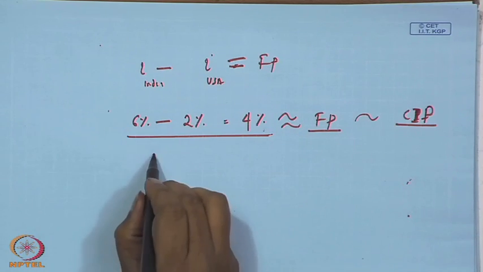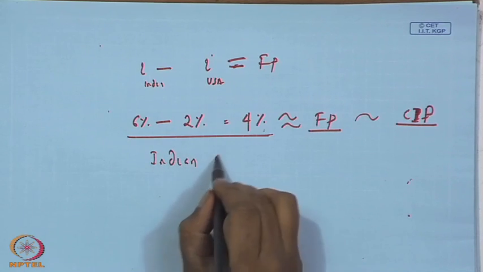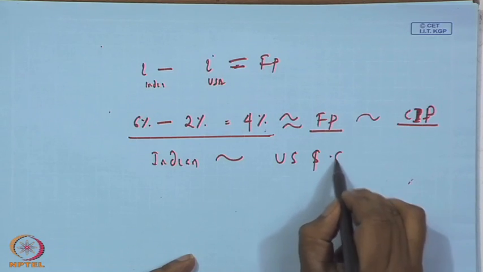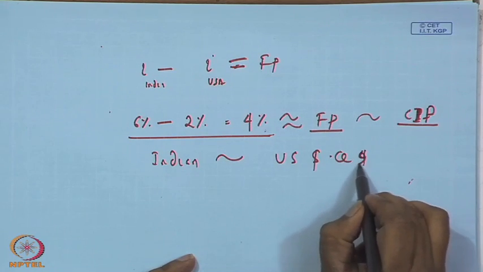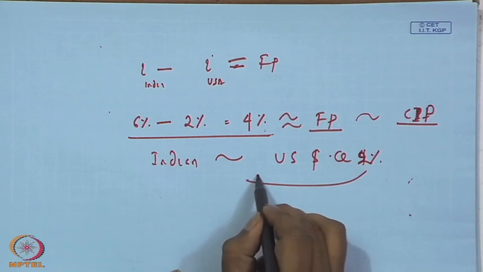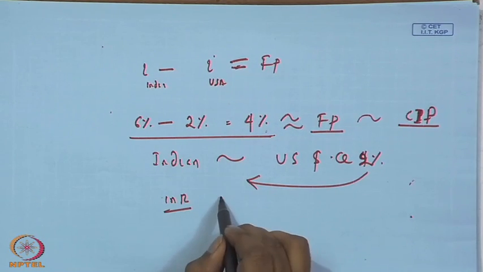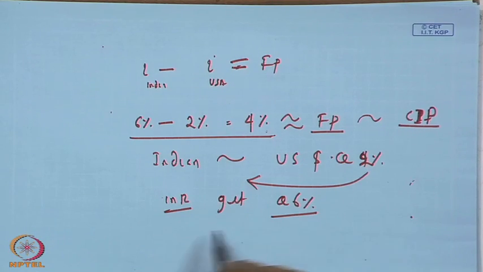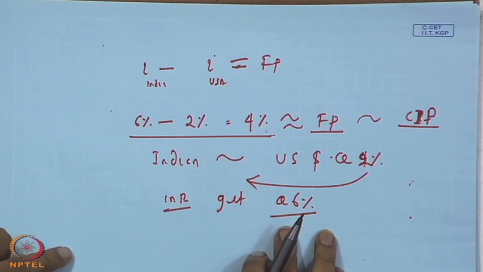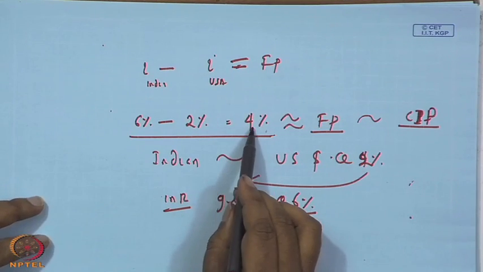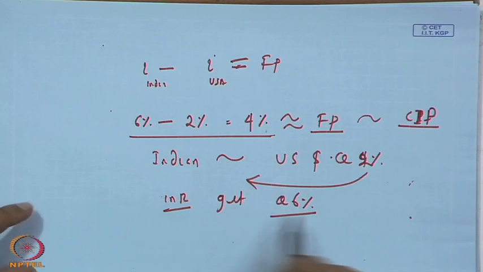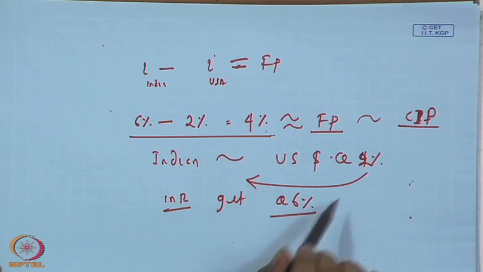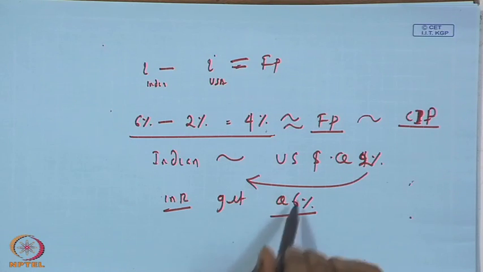Here the Indian investor will borrow in US dollars at the rate of 2%, convert into Indian rupees and earn interest at the rate of 6%, and after 1 year convert the Indian rupees again to US dollars and repay the loan to the US company. So, here they will get an arbitrage opportunity of 4%.